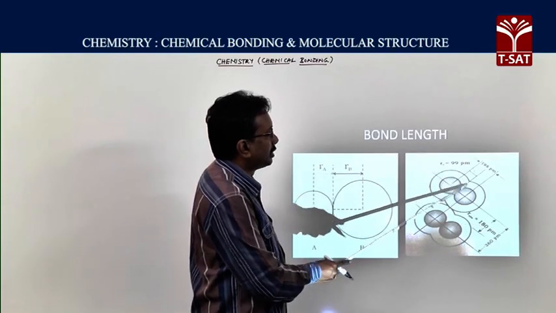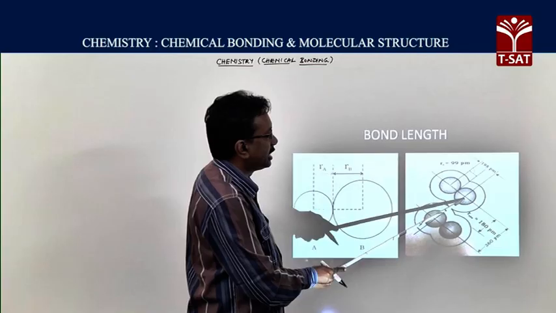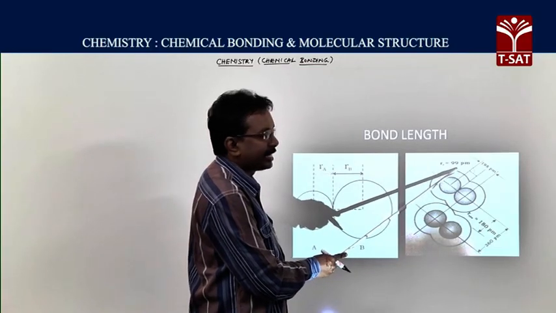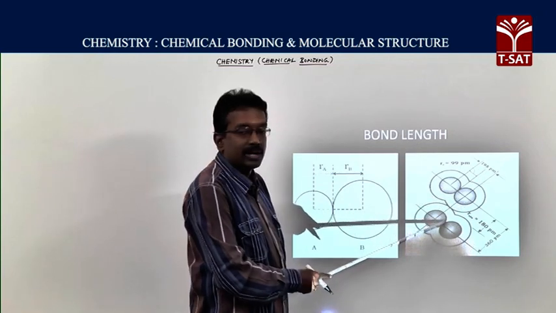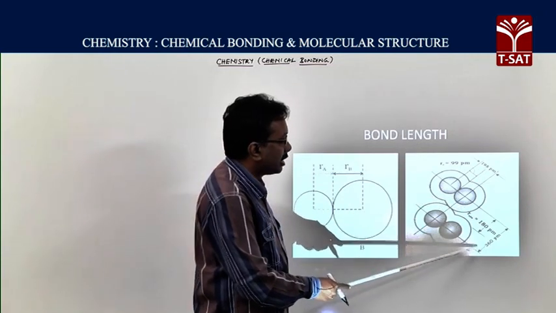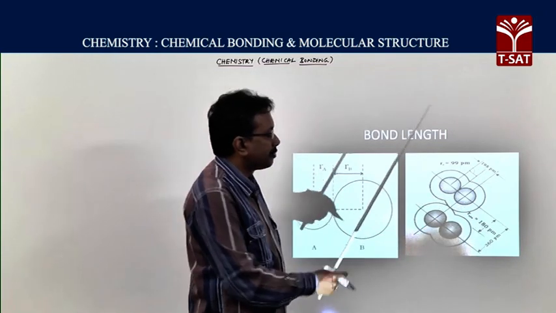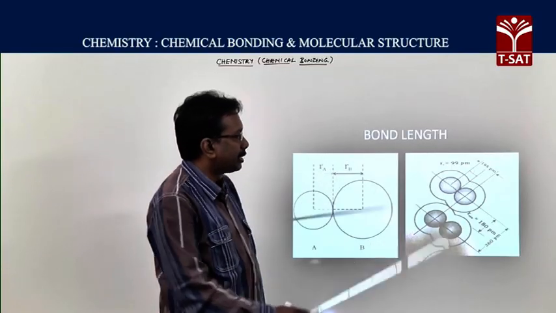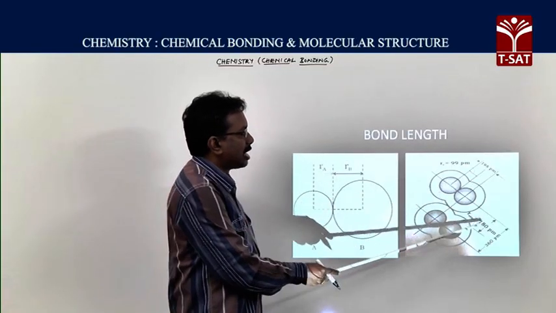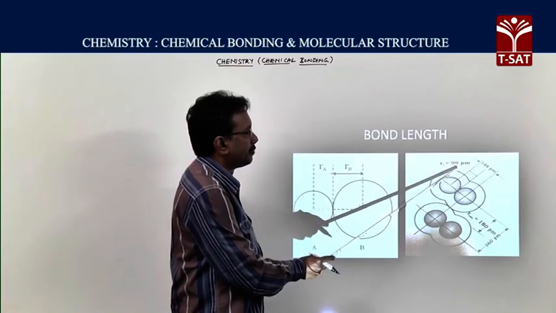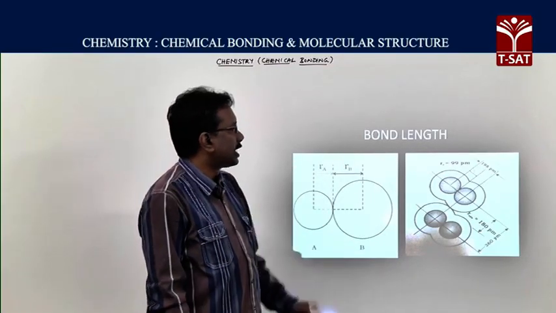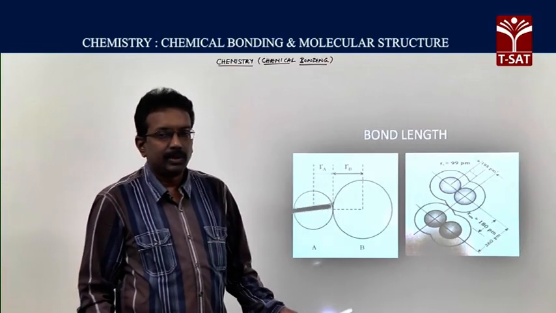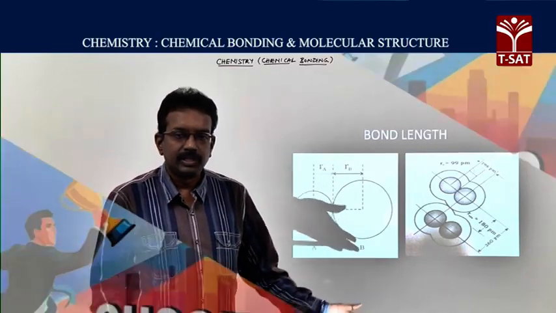So this is a covalently bonded Cl-Cl bond, that is why this is the covalent radius, and one Cl2 molecule with another Cl2 molecule with the help of van der Waals forces of attraction, that is why half of this distance is called the van der Waals radius. For a particular element, van der Waals radius is always more than covalent radius. Now let us move to some important conclusions related to this bond length.